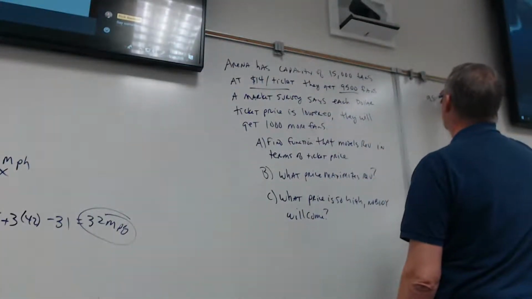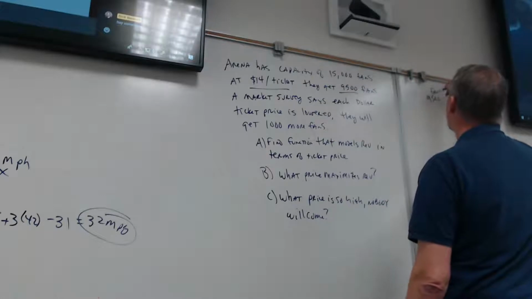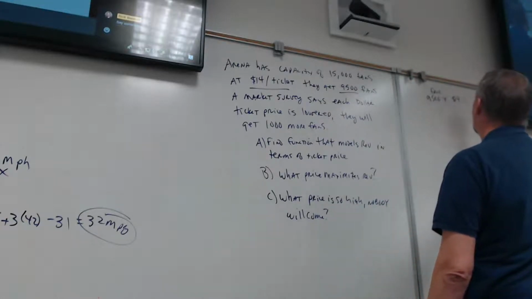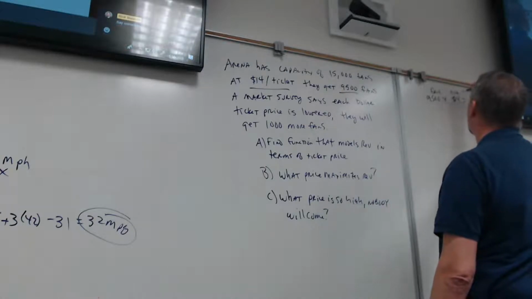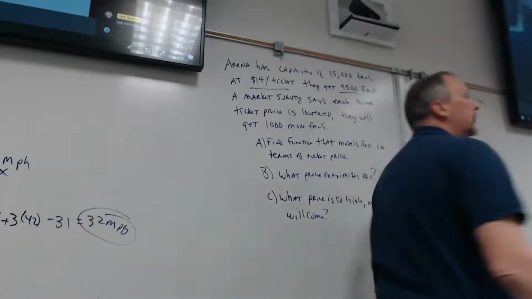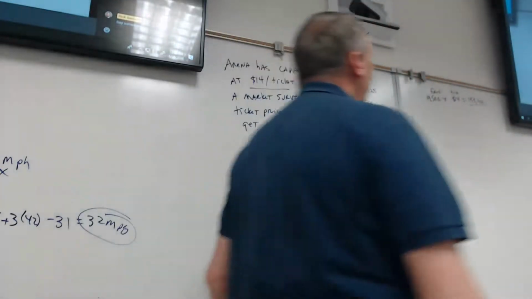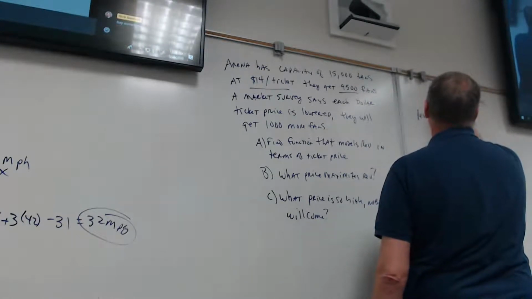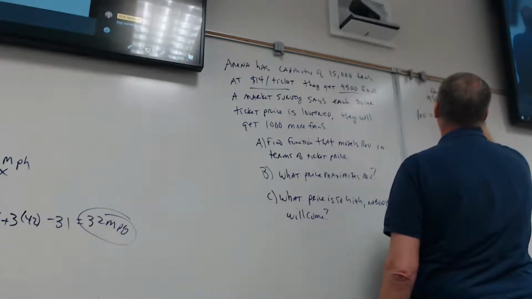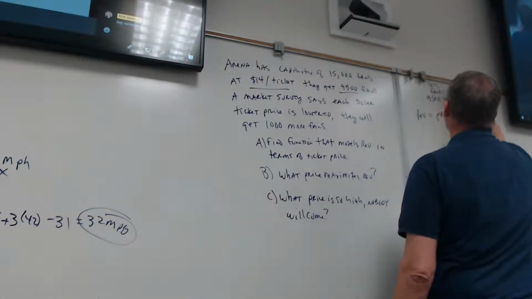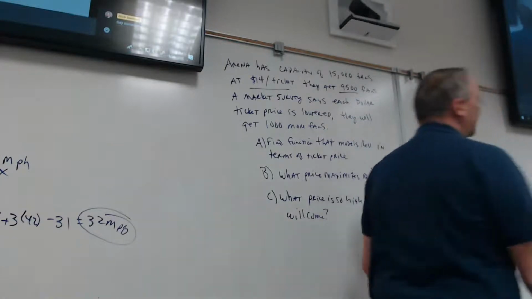You took 9,500, which is your number of fans, times your $14, which was the ticket price, and you got $133,000. We will assume that's it. So your revenue basically equals your price times your quantity. Okay?